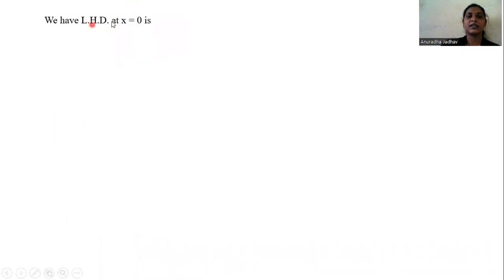Okay, firstly find the left hand side limit at x is equal to 0. Here f dash of 0 minus is equal to limit as h tends to 0 minus of f of 0 plus h minus f of 0 upon h. Here put the value 0 plus h is h, and the value of f of 0 is 0.